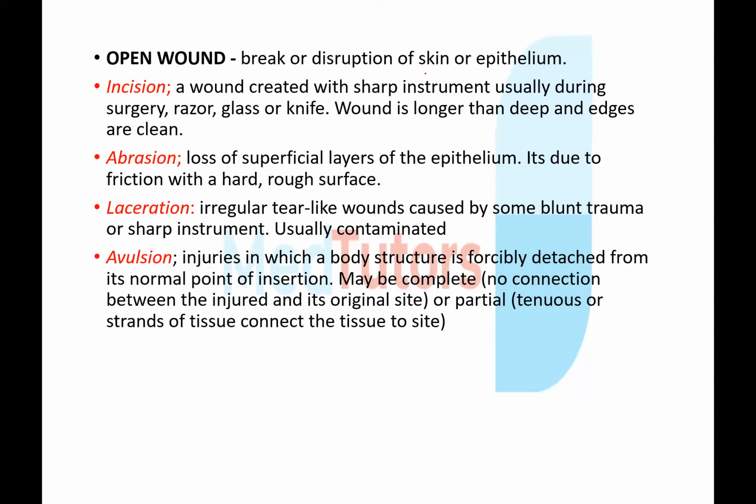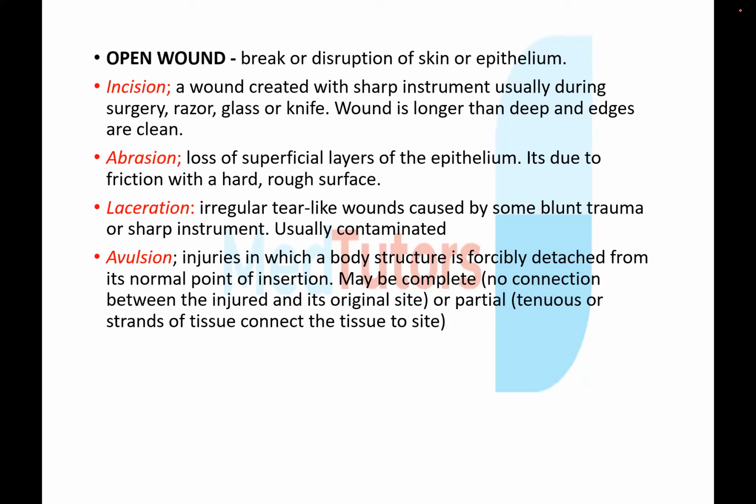And usually in incisions, the wound is longer than deep, okay? And the edges are clean, okay? And you see the significance of this as compared to laceration. So you should know in incision, the edges of the wound are clean and may be well apposed.